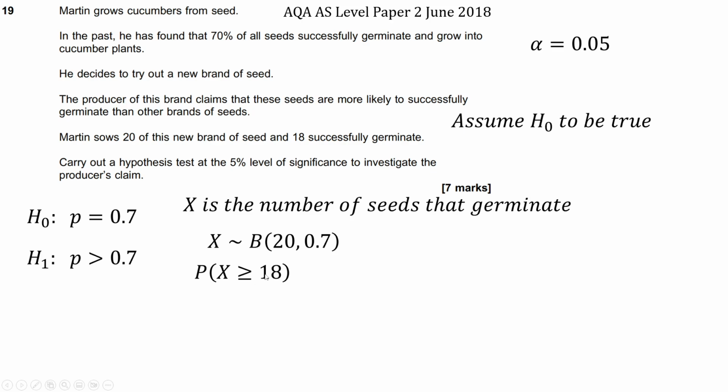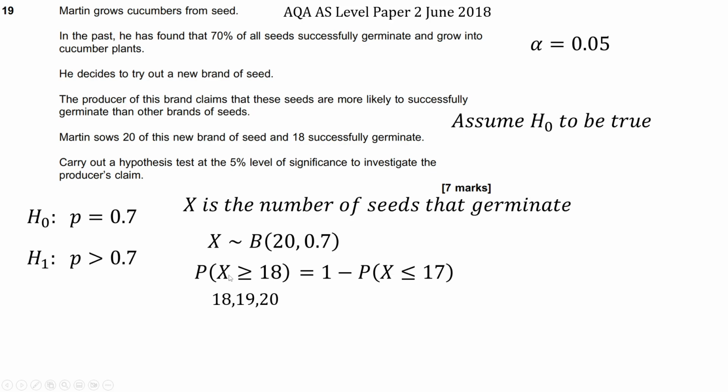I'll show you how you can change it. We know that this probability is just the probability that X is either 18 or 19 or 20, which is 1 minus the probability that it is 17 or 16 or 15 or 14 or 13 or 12, all the way down to 0. Hopefully that makes sense, because your calculator only accepts it in this form, where it's in the less than or equal to.